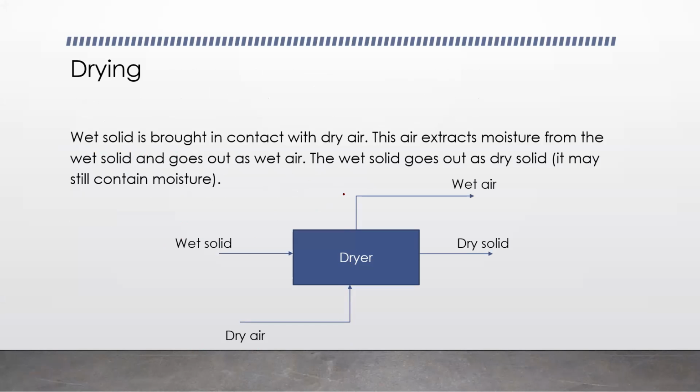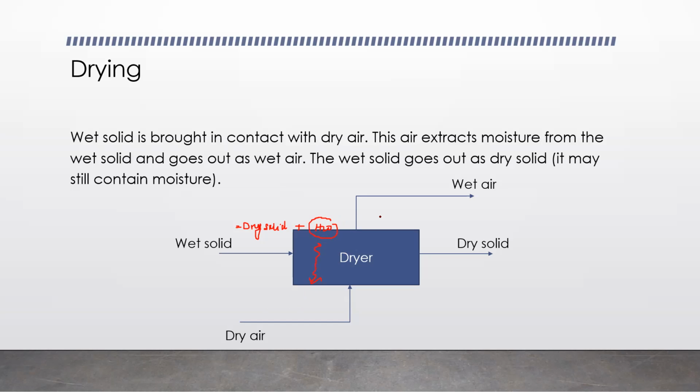This wet solid, of course, has dry solid, that is only solid with no moisture, and water. When it comes in contact with dry air, this dry air either takes some of this moisture or takes all of this moisture away.